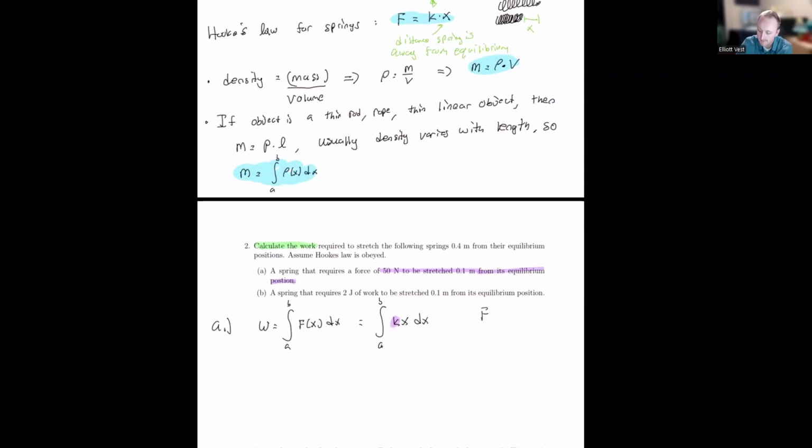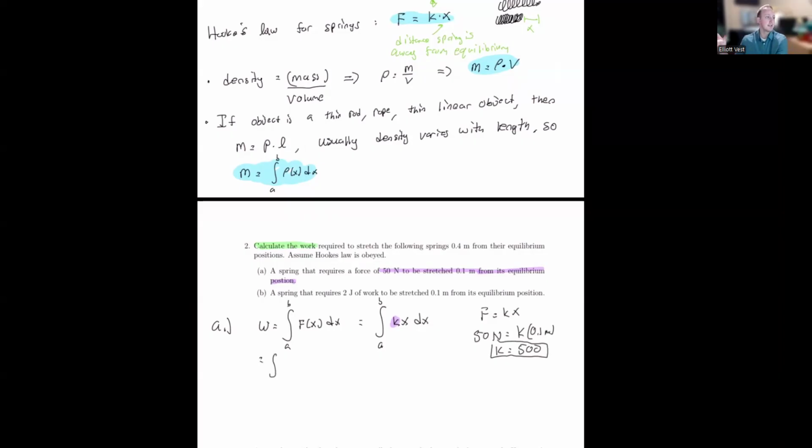If I know F is equal to kx, and I know when F is 50 newtons, the distance from equilibrium is going to be 0.1 meters, then I can divide all this around and get what k is equal to. Particularly, we're not going to care about the units here, but k equals 500. So in this problem, k is equal to 500, which means we have the integral.